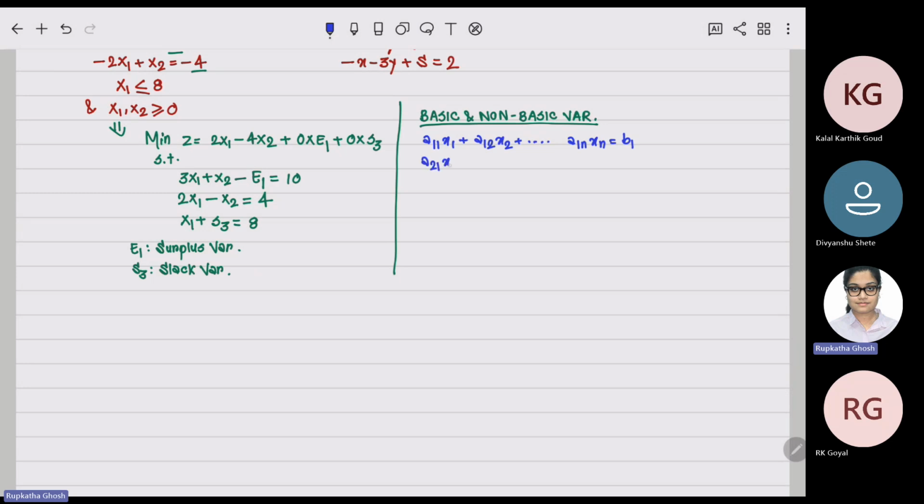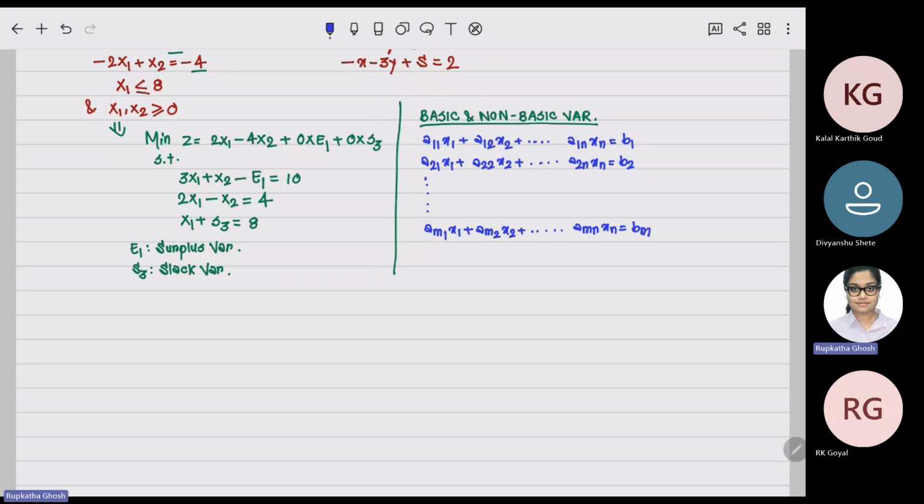Similarly, A21 x1 plus and so on, till Am1 x1 plus Am2 x2 plus up to Amn xn equal to Bm.